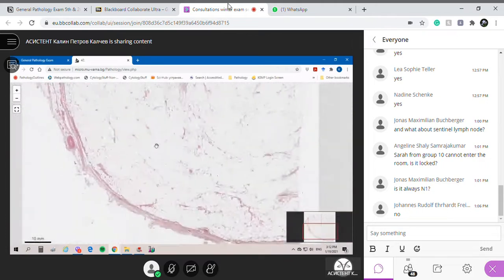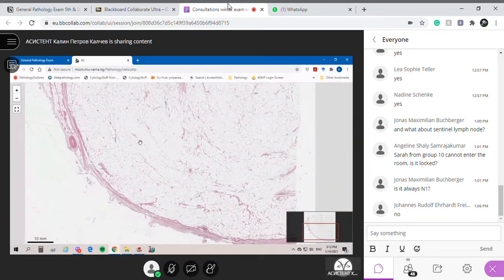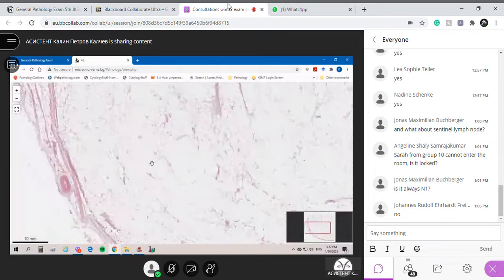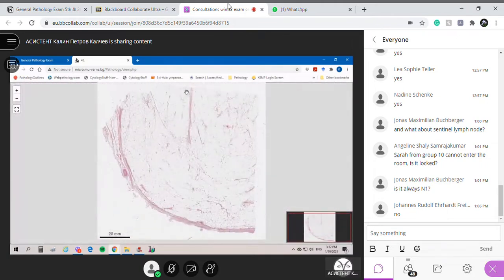Only because they are round, and the only feature that defines it as a tumor is that it is making adipose tissue, which is encapsulated.